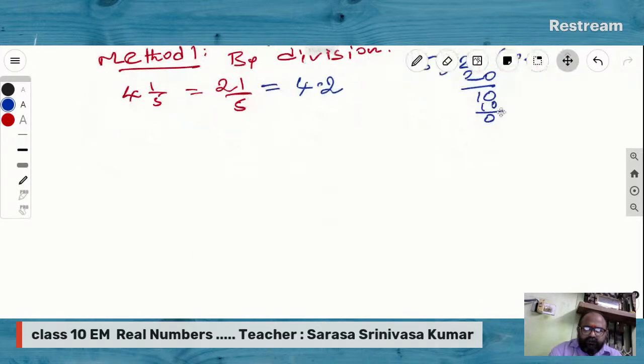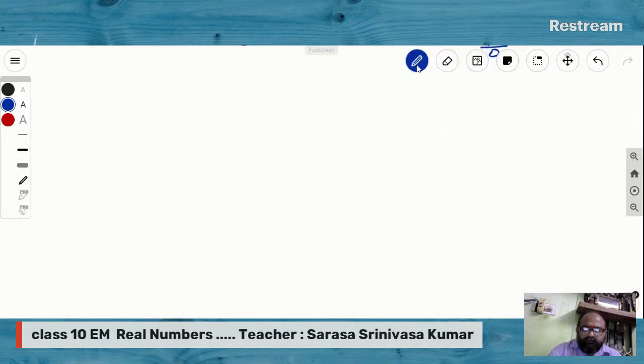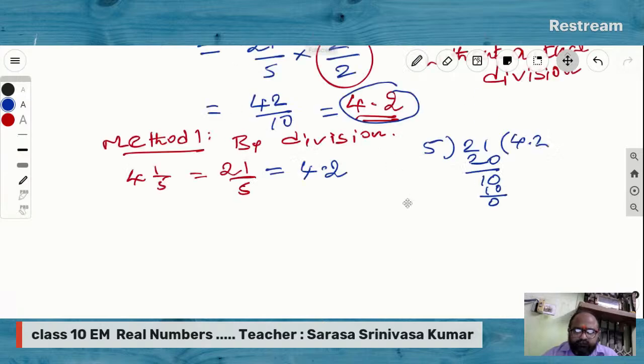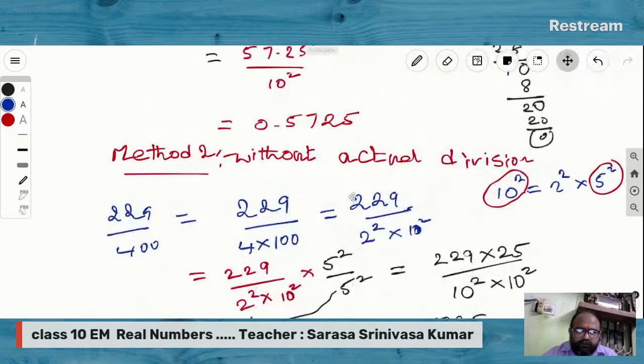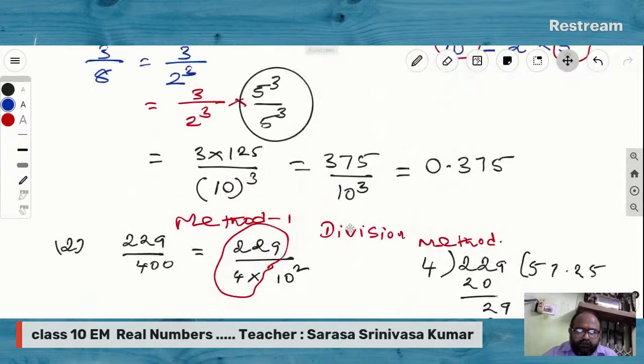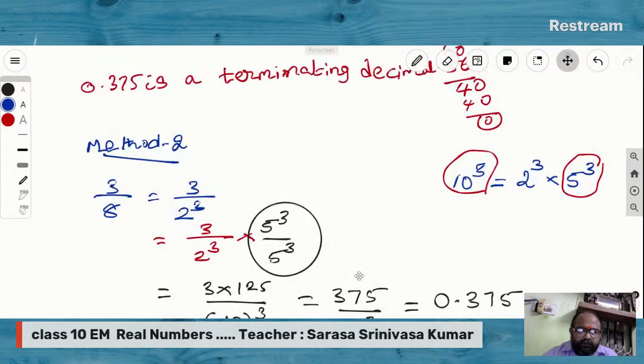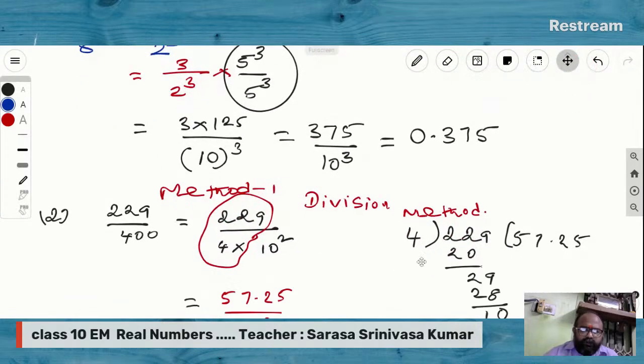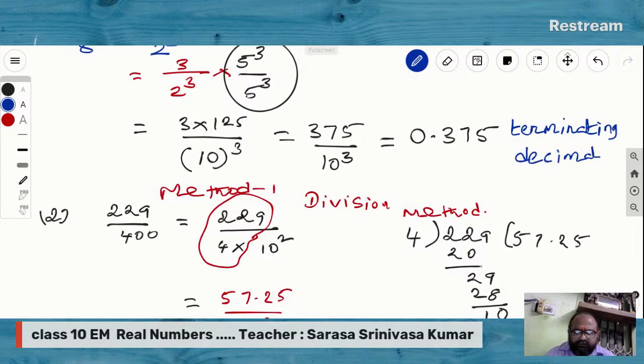Now we consider the next problem. Here we have to write that it is a terminating decimal. 0.375 is a terminating decimal.